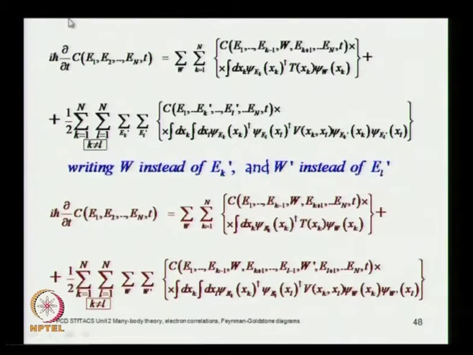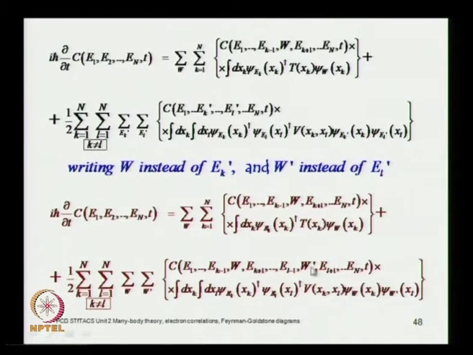So, it is the same expression rewritten here, except for the fact that instead of E k prime we have used a W here, and instead of E l prime we have used a W prime here, and you have the coefficient C as well, because the coefficient C had an E k here and an E l here.